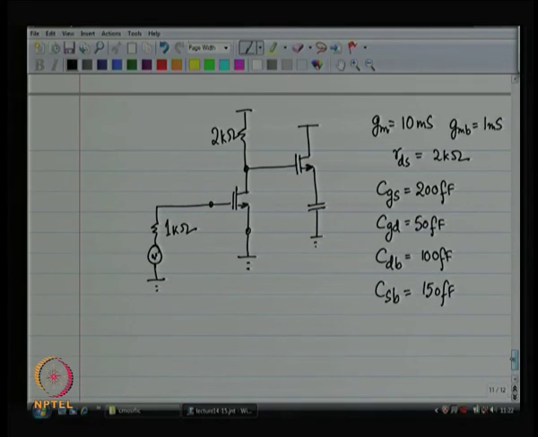This was our second cut. And clearly, now the problem has been identified as this particular capacitance, and we need to fix this particular capacitance. How do we do that?